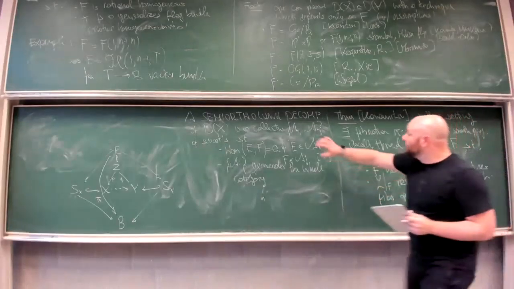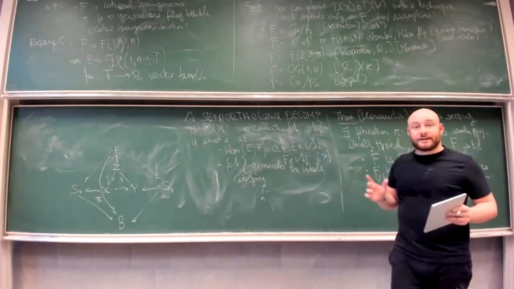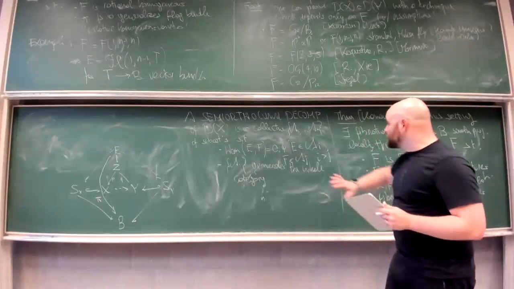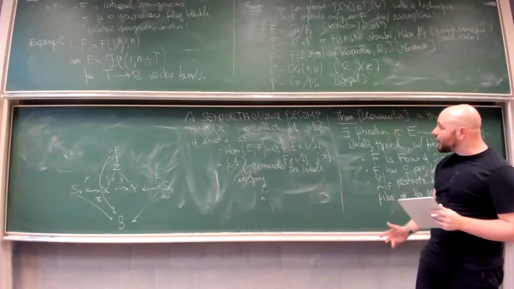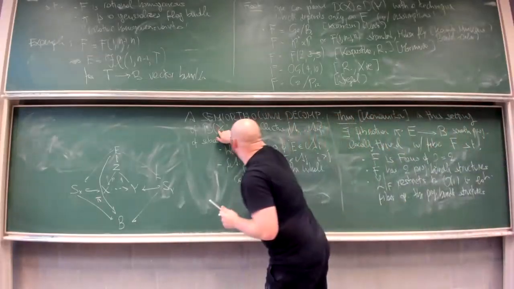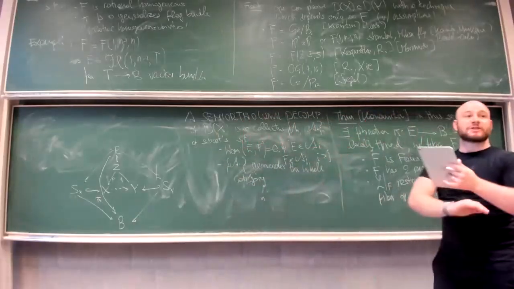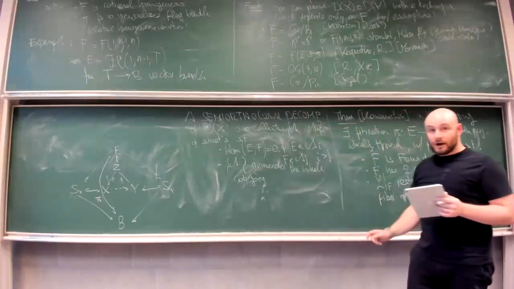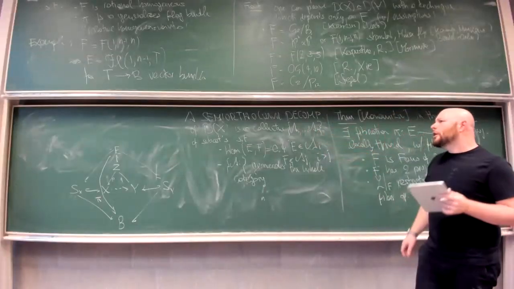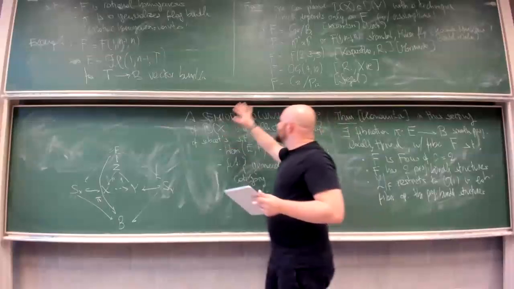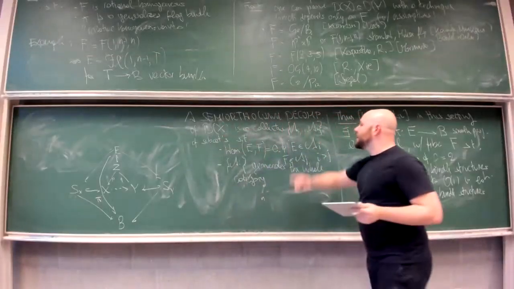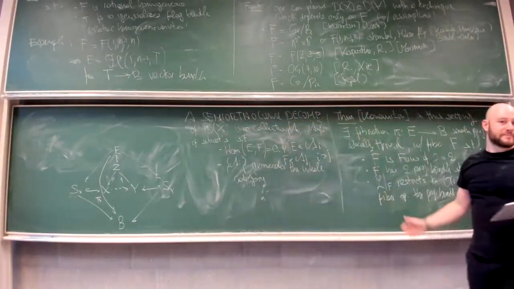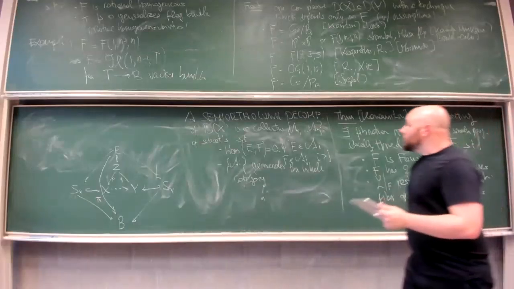In that case, all the subcategories are generated each by a single object. Generates the whole category means that every object in the category D(X) is given by a resolution in which each term can be constructed by elements of those subcategories here. Or in other words, D(X) is the smallest triangulated category closed with respect to Homs which contains all of them. You can see it also like this.